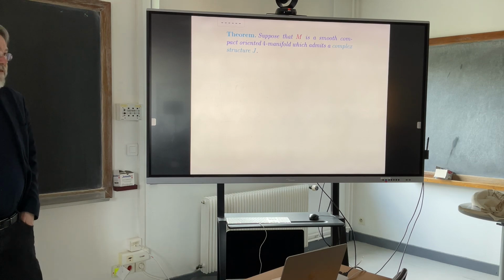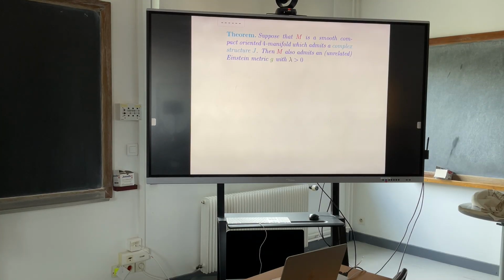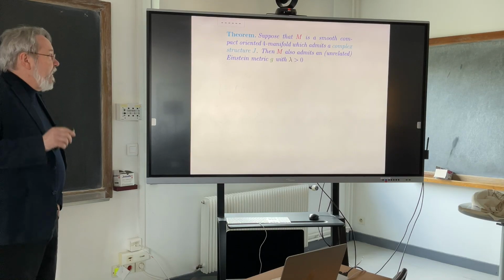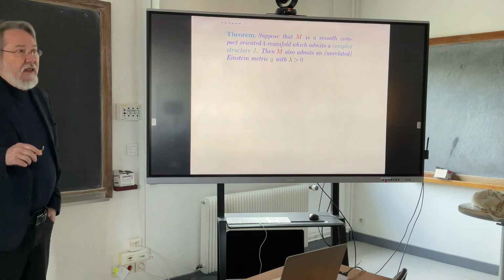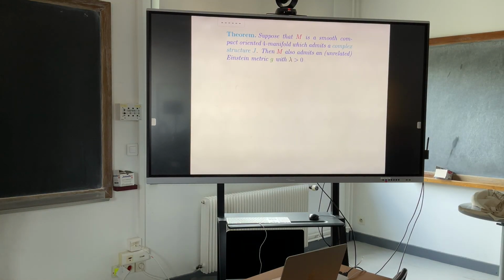So it admits some integrable complex structure. And suppose that it also admits an Einstein metric with lambda positive. For this theorem, you're not assuming that there's any relationship between the Einstein metric and the complex structure. It's like they live in the same large apartment building, but they've never actually met. They haven't even been in the elevator together.